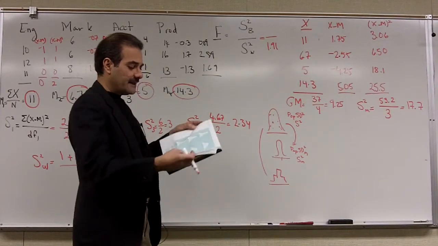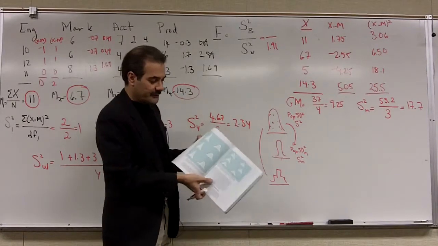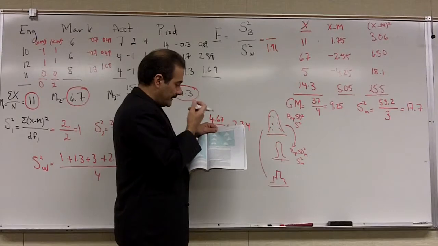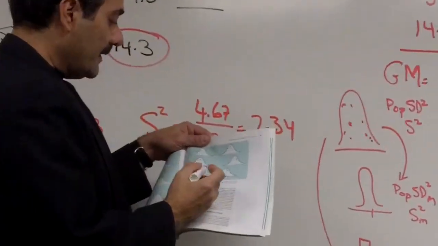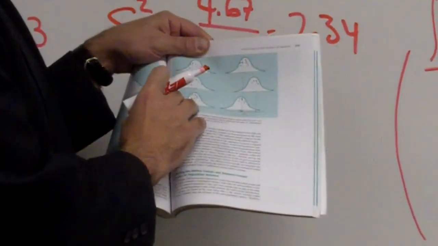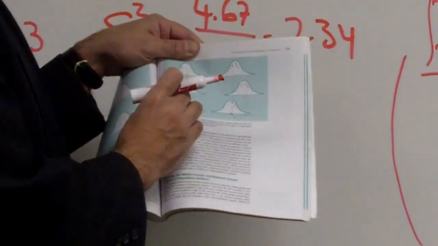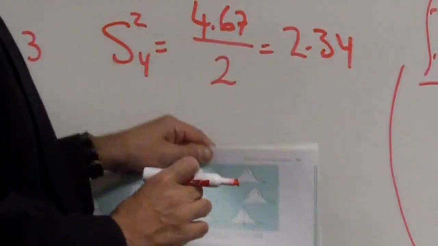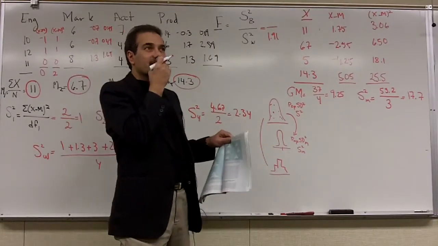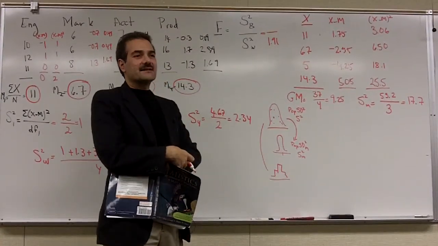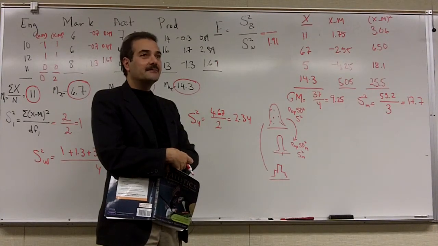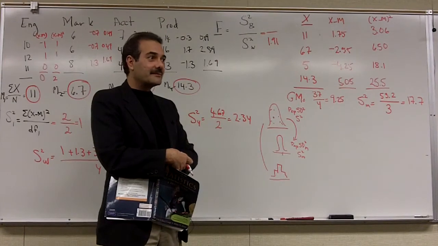Okay, if you open to page 319, figure 10.2, these are original populations. Now, let me ask you this: what is a sampling distribution? Remember that demo I showed you, and I said, please play with it, it'll help you.